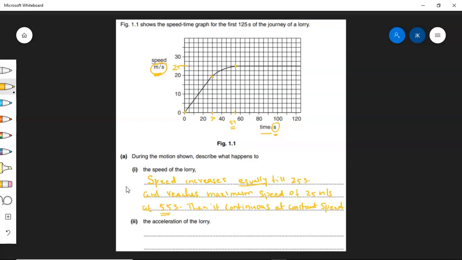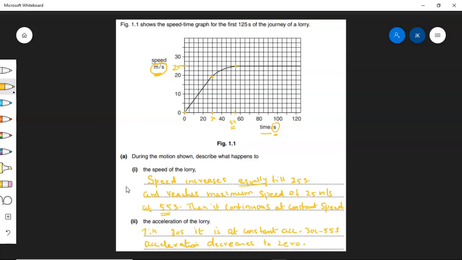And for the acceleration, describe what happens to the acceleration of the lorry. The same till 30 seconds, it is at constant acceleration, and from 30 to 55 seconds acceleration decreases to zero.